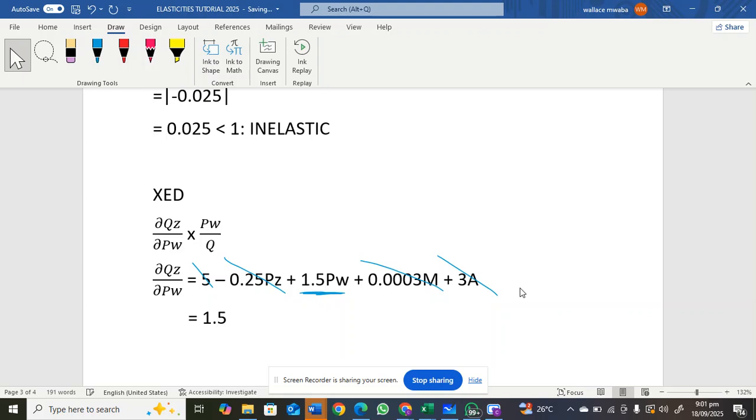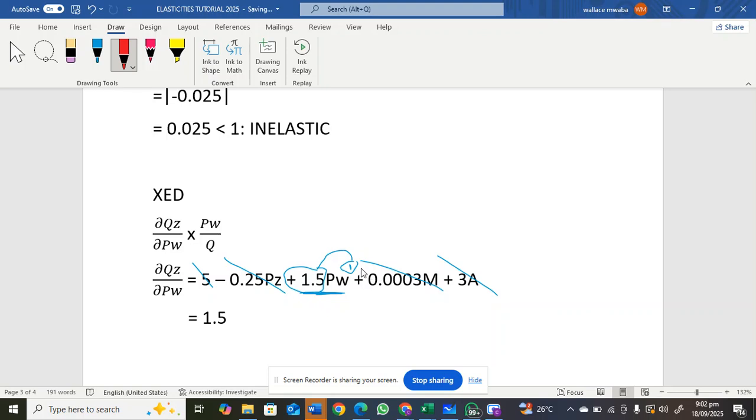But let me show you how we also get the same 1.5. This PW is to the power 1. Whenever you're deriving, multiply the exponent with the coefficient, which is the number in front of the letter. 1 times 1.5 is 1.5.